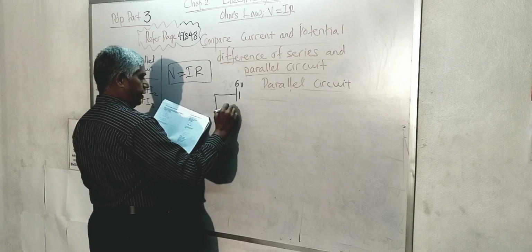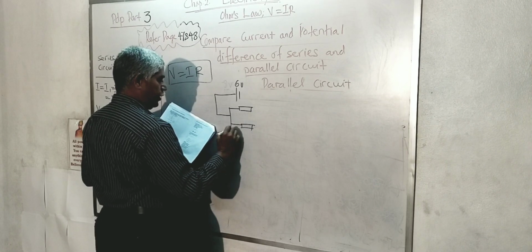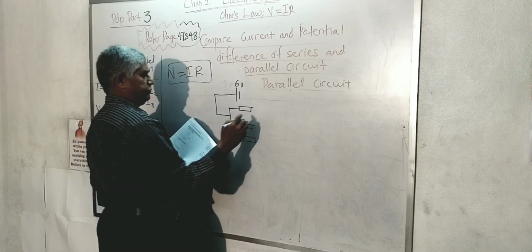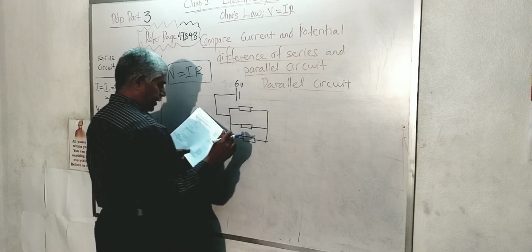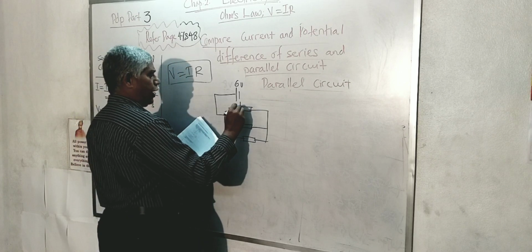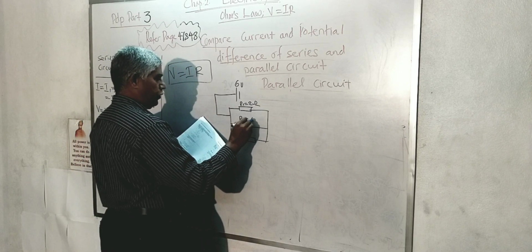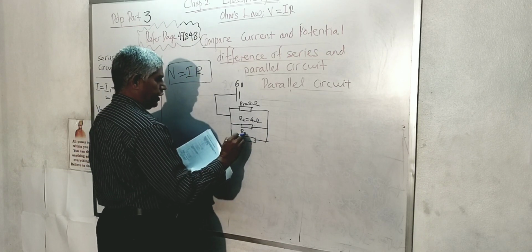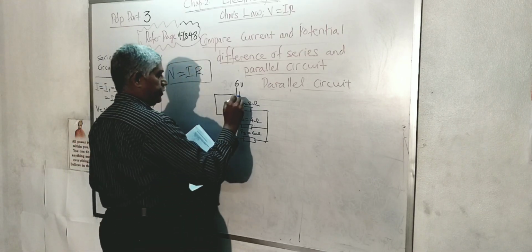We have 3 parallel resistors, each with a different value. R1 is 2 ohm, R2 is 4 ohm, and R3 is 6 ohm.